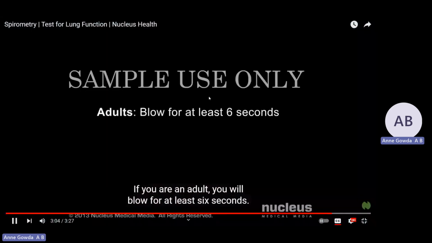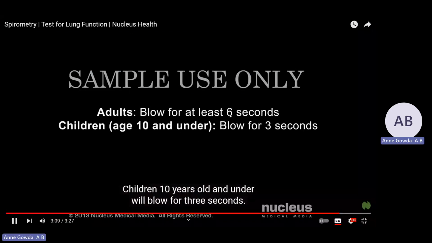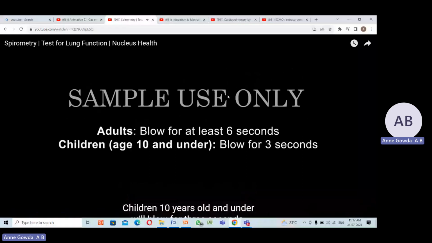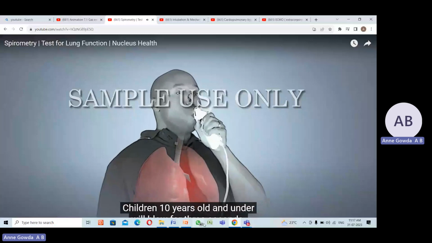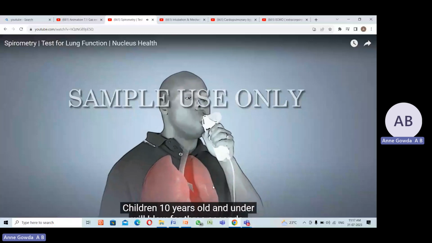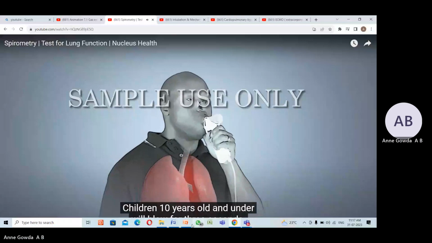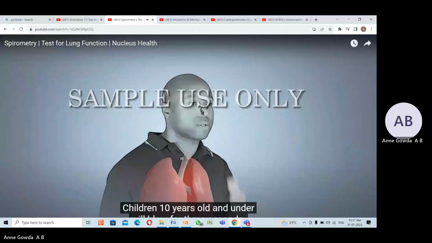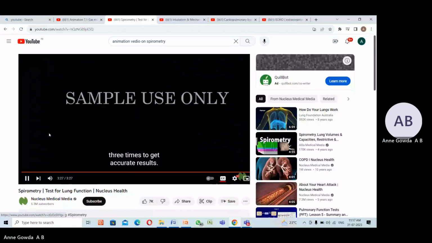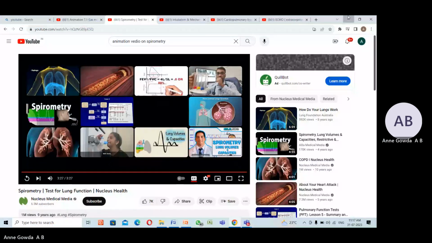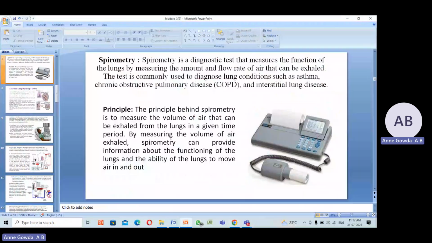That amount of air which comes out of his mouth within a given period of time signifies the functionality of his lungs. So this is about the spirometry.